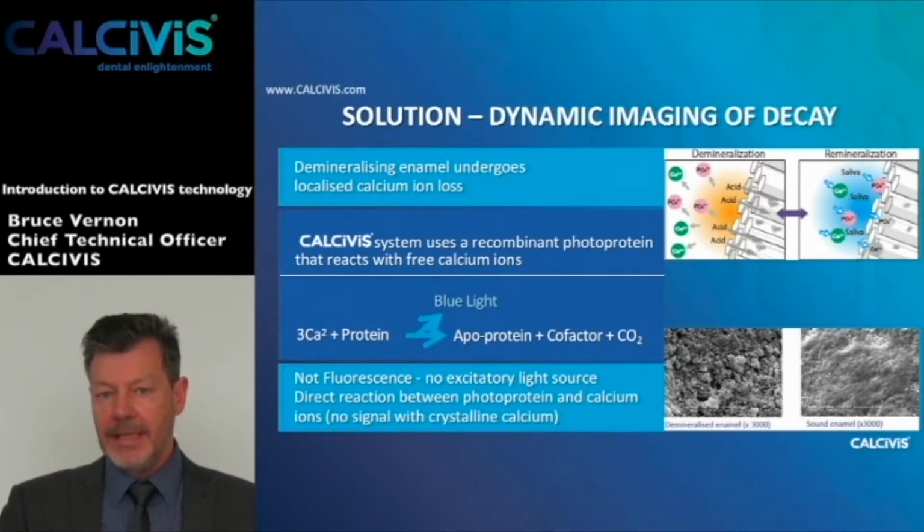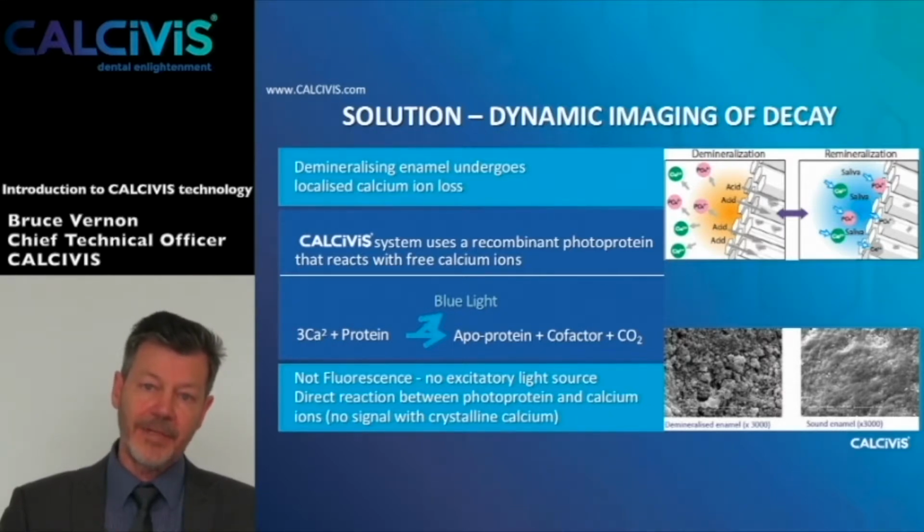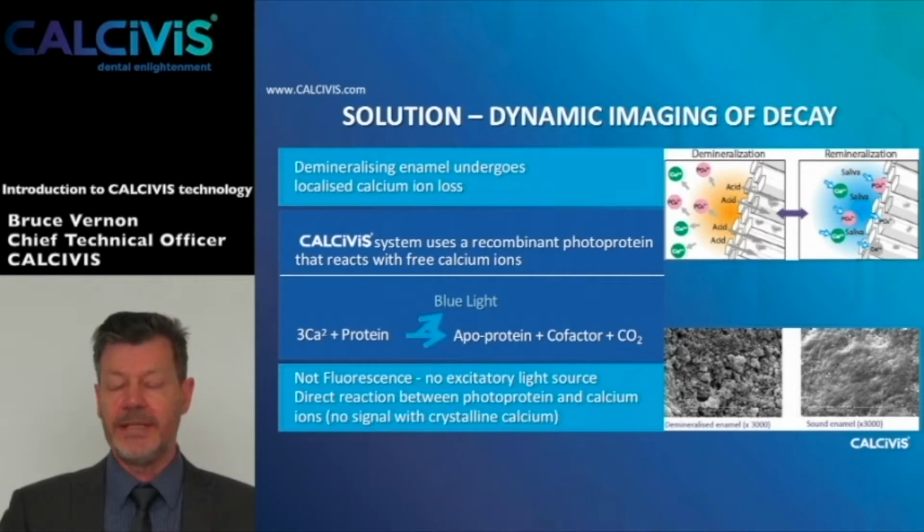But in the case where demineralisation is outstripping the remineralisation, we start seeing the crystalline structure breaking down, little pores and pits where we get the calcium ions accumulating. So with CALCiViS, we have a recombinant photoprotein which reacts very specifically with those calcium ions to give a burst of light.